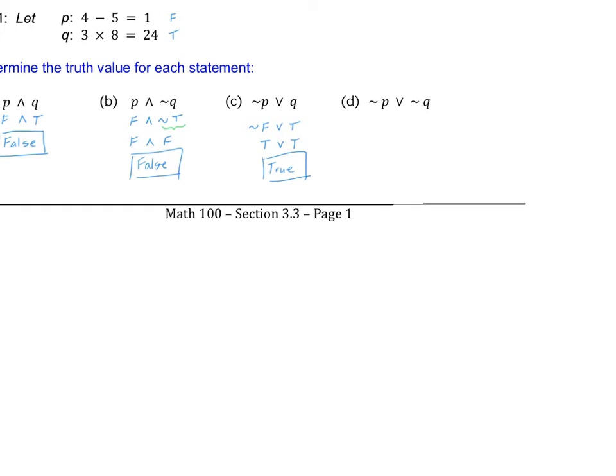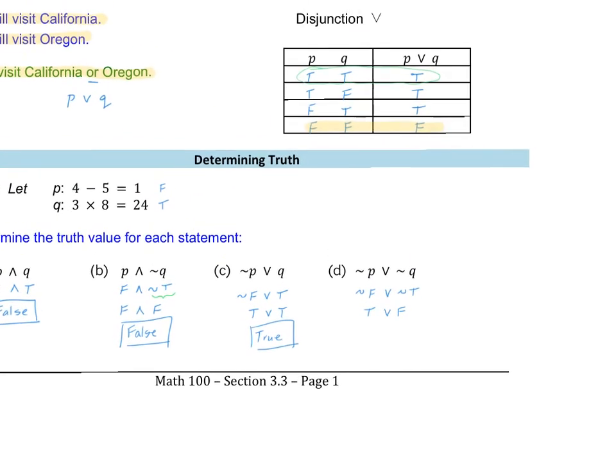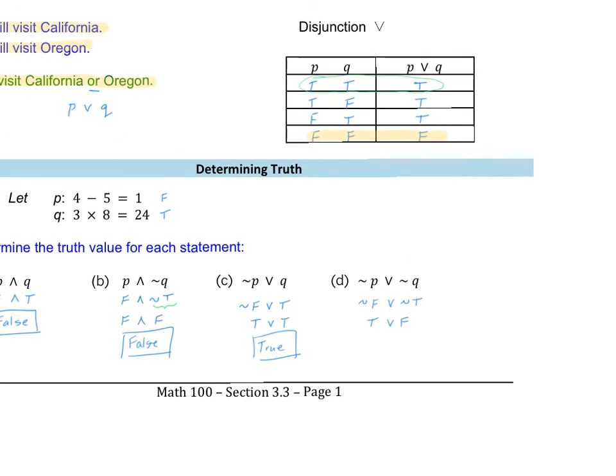And then part D would be not P or not Q, so not false or not true. A not false becomes a true, or not true becomes a false, and this is an or: true, false, and an or is true.